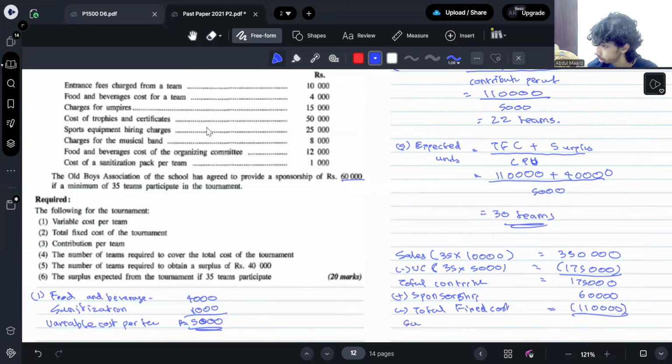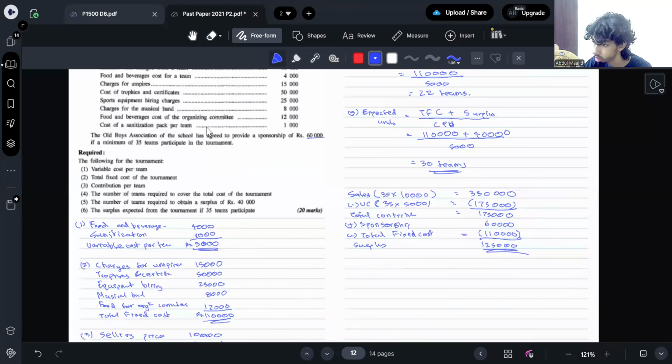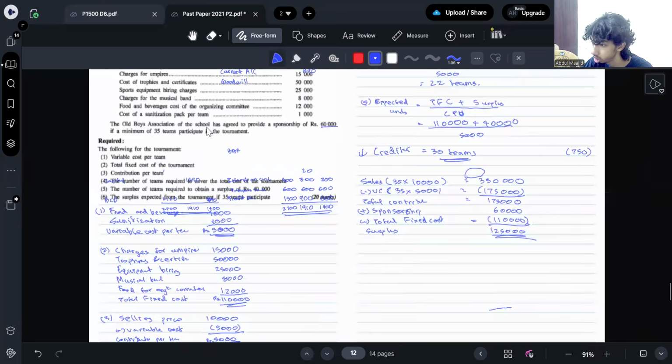You will get your surplus amount: 175 plus 60 minus 110. Your surplus amount will be 125,000 if 35 teams are participating, and you're getting a sponsorship of 60,000 because of that. Okay, so we are done with the marginal costing part.